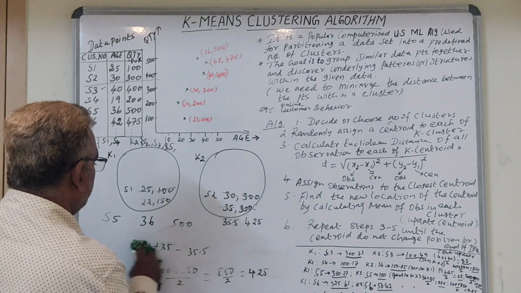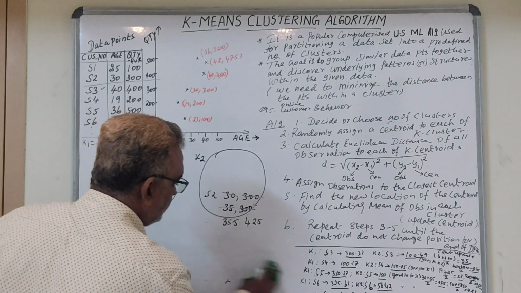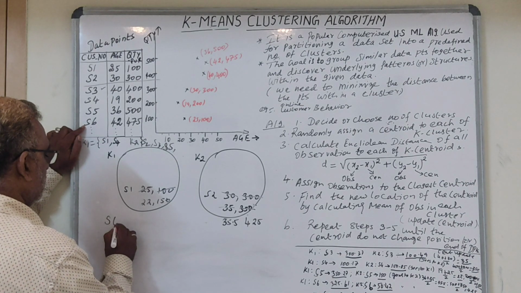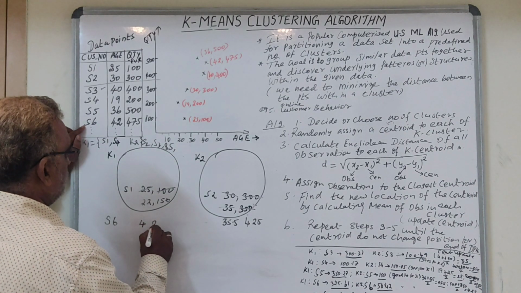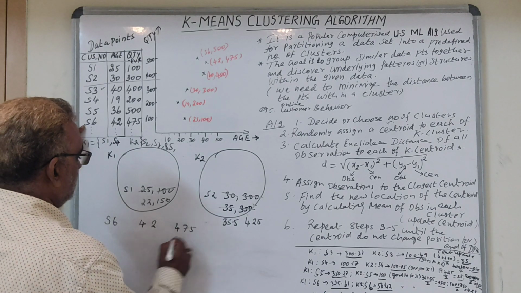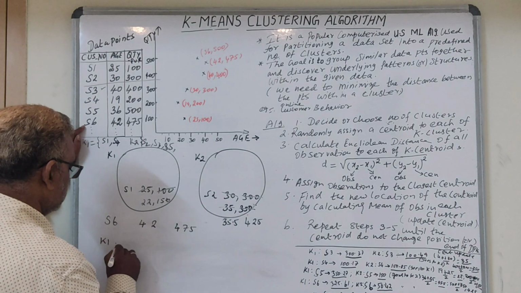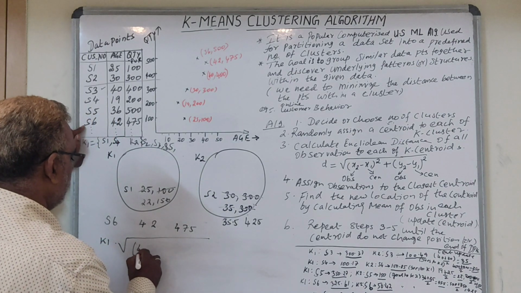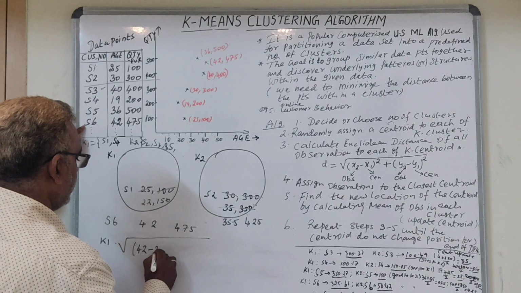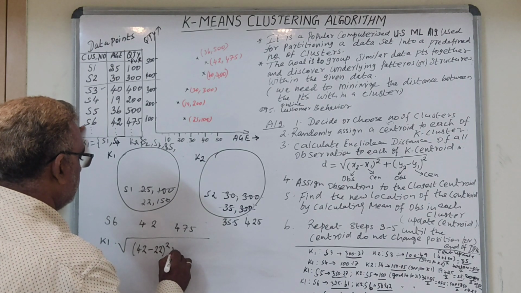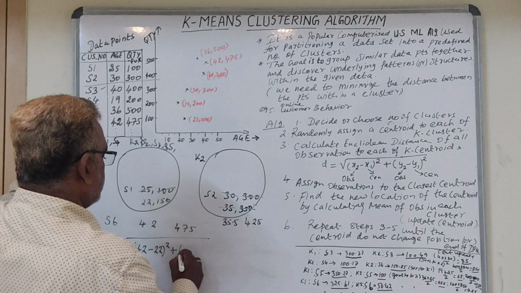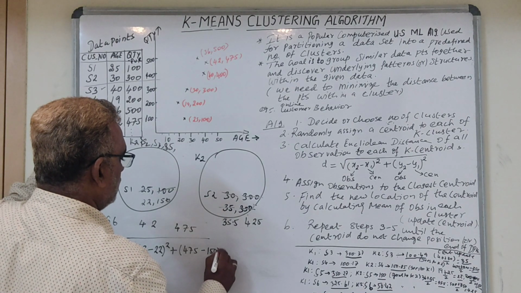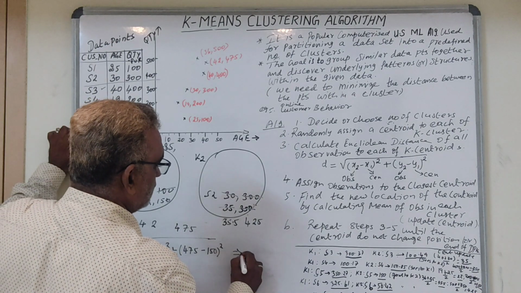Now we have to proceed to the next data point, that is S6. So X6 values are 42 and 475. Again, in order to find out the Euclidean distance, substitute the values. This is 42 minus 22 whole square plus 475 minus 150 whole square. Find out the value.